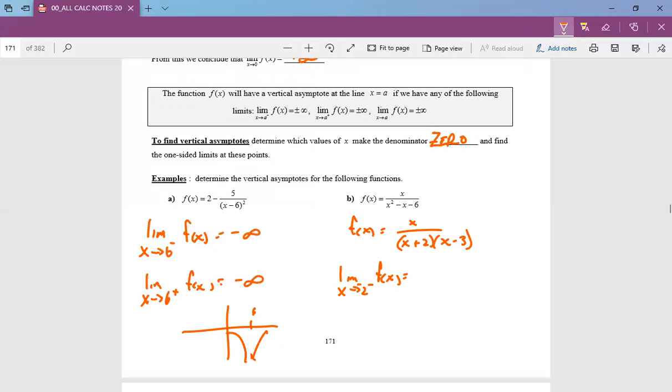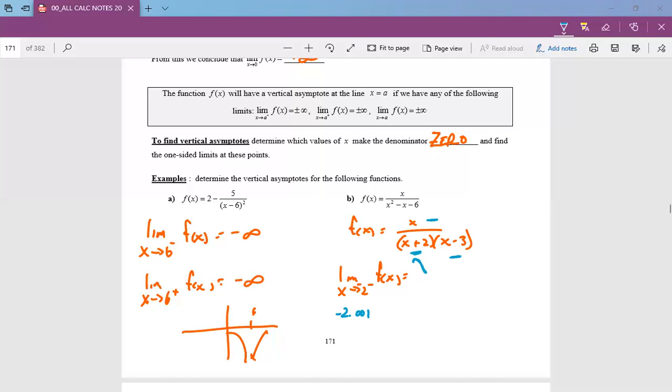Well, let's consider if x is going to negative 2 from below. That is numbers like negative 2.001, right? It's less than negative 2. And we need to consider that when we are looking at what's going on in our function here. This is negative 2.001 plus 2, so this part here will be negative. This is negative. And then negative 2 minus 3 makes this negative.